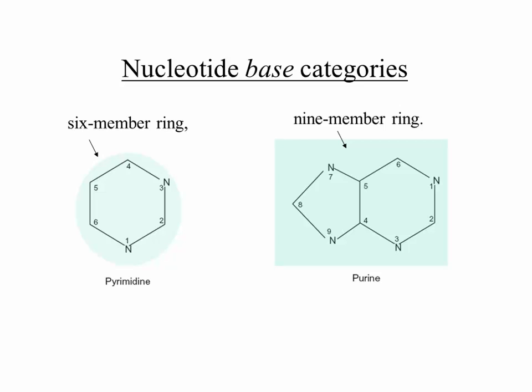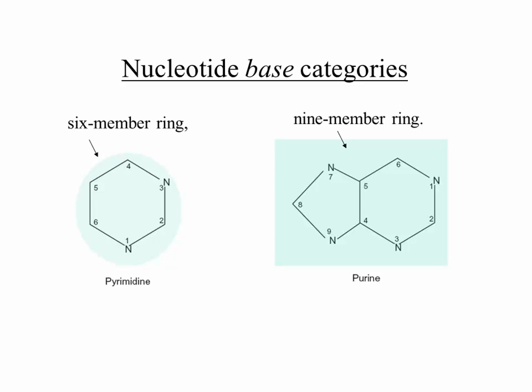And remember, earlier I had said that 1, 2, 3, 4, 5, 6 would get used up somewhere else. In the sugar you have to number it with 1 prime, 2 prime and so on. So these molecules have already used up the numbering without the primes. This is how it's going to be numbered. So 6-member ring and 9-member ring, and there is a total of 5 molecules like that.